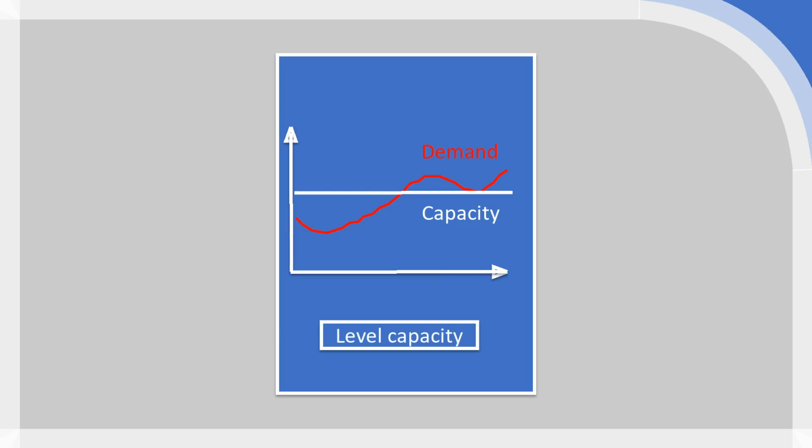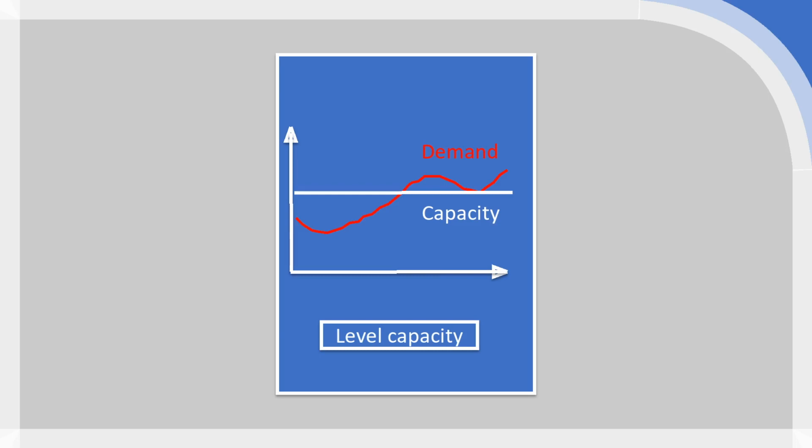So if you're dealing with capacity measurements that depend in large part on big capital investments, then it may be very difficult for you to increase or decrease capacity easily. So if your capacity depends on specialist machinery, if you have an automated robotic production line, for example, that is a large capital investment to get it set up and running. So it may not be particularly easy to increase or decrease that capacity.